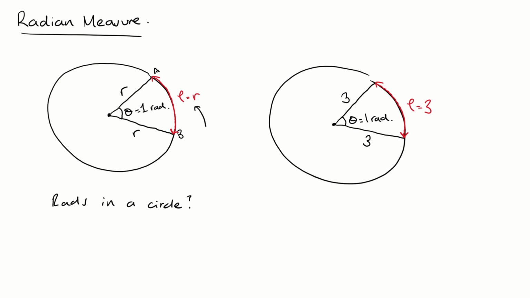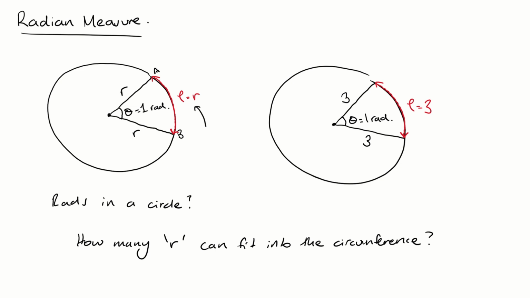So if we break that down, how many r, being the unit of length of the radius, can fit into the circumference of the circle? So our arc length is equal to r units long. How many of those can we fit around this circle?